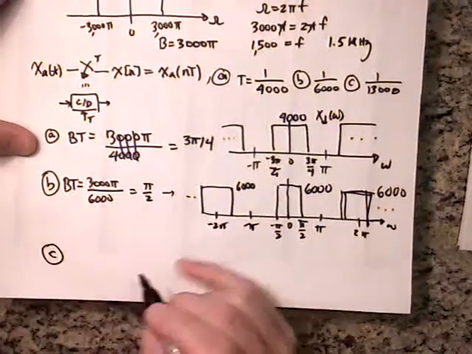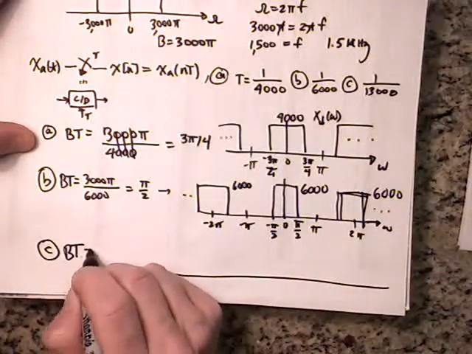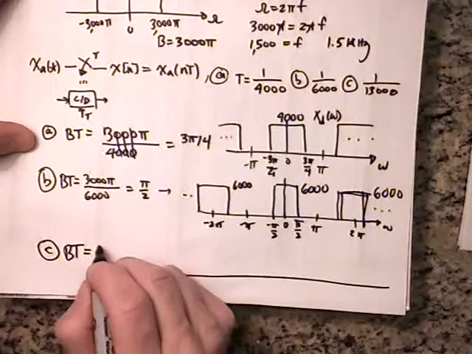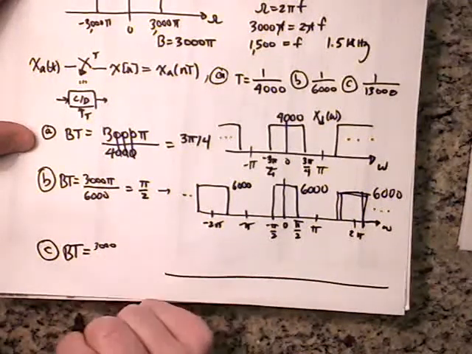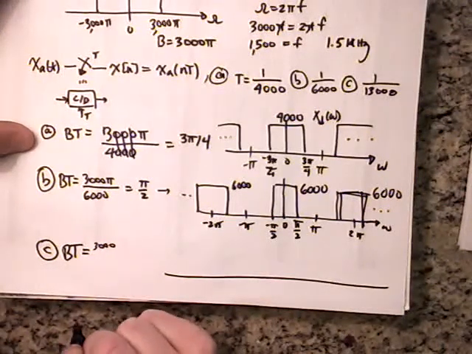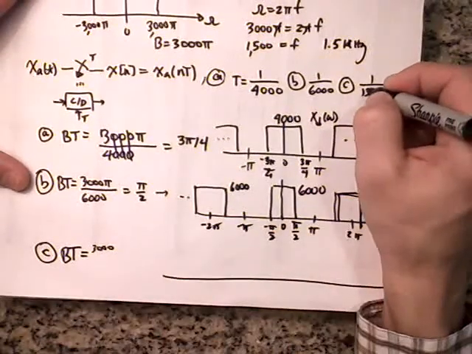And in case C, B times T is 3000 over, my notes said this is 12,000.